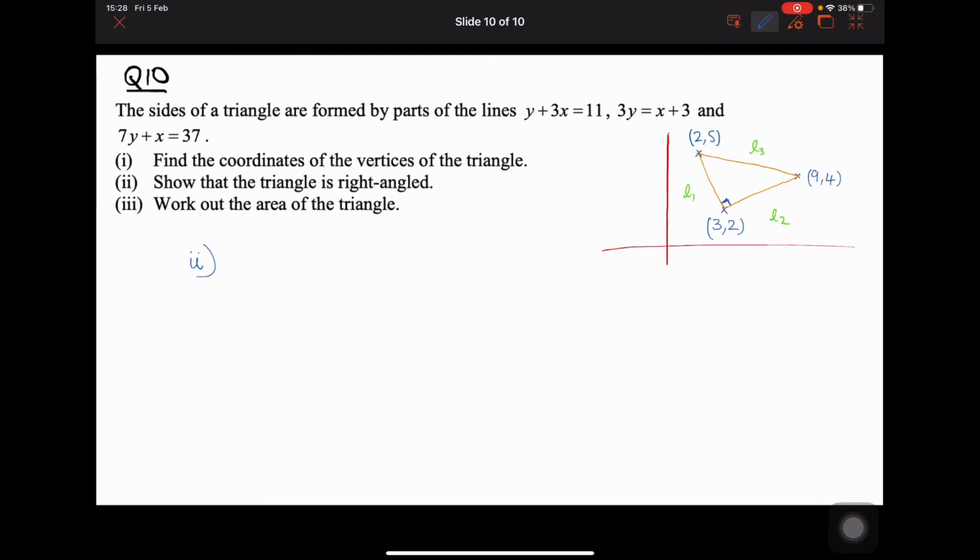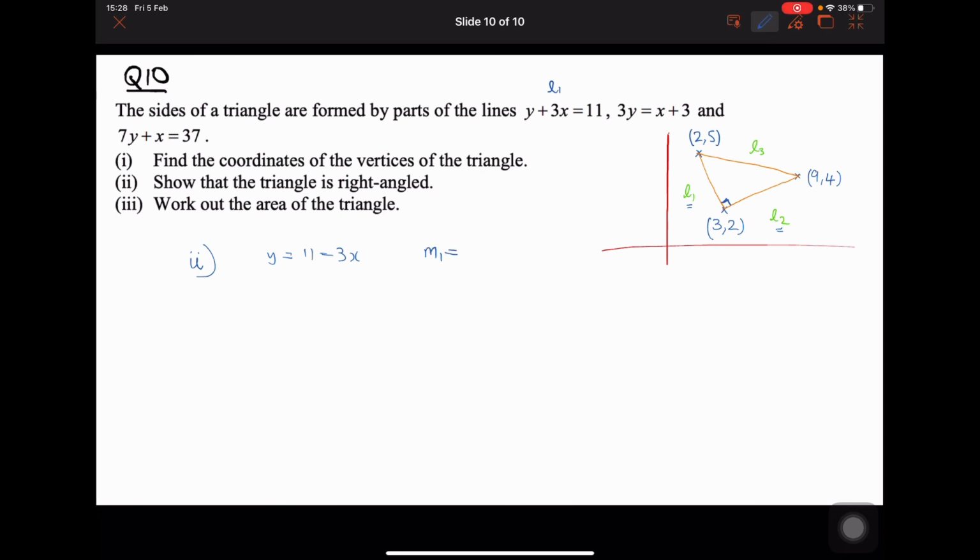So one way we could do that is by proving that the gradients of these two lines are perpendicular. So line L1 has a gradient of -3.